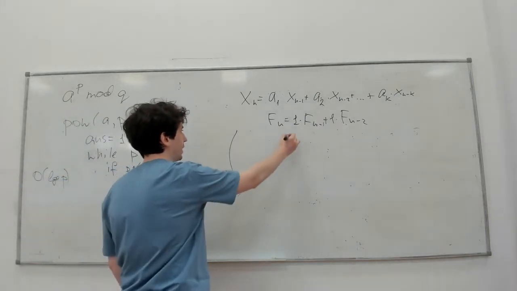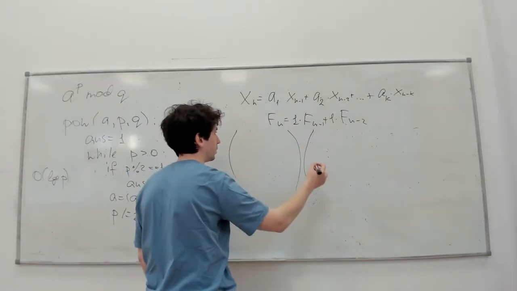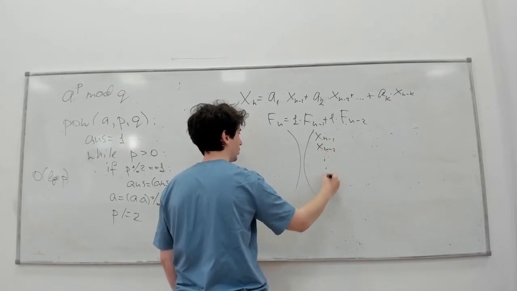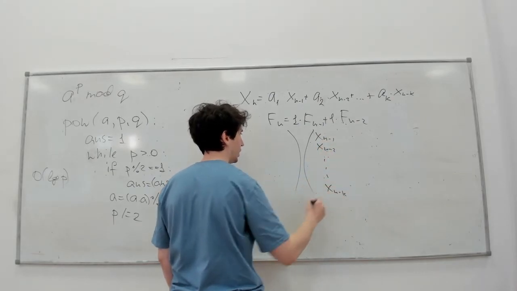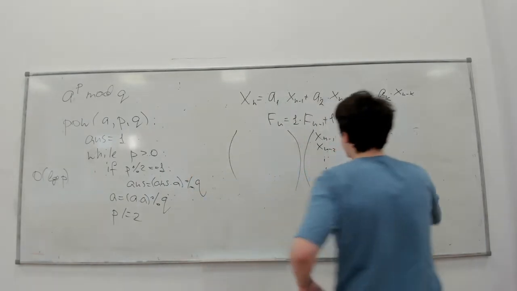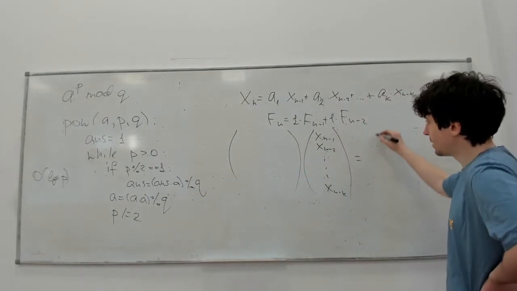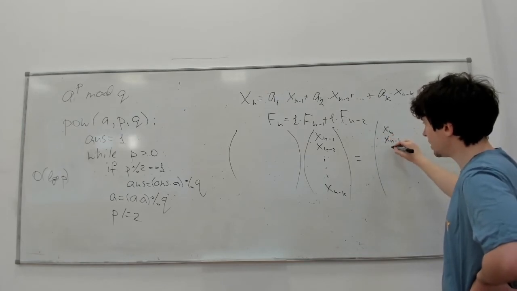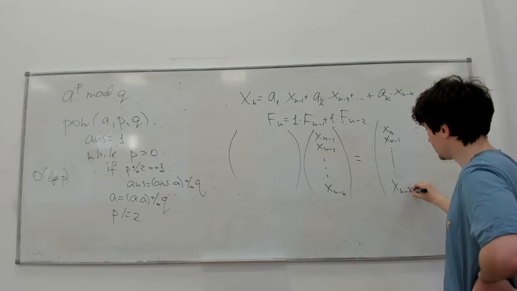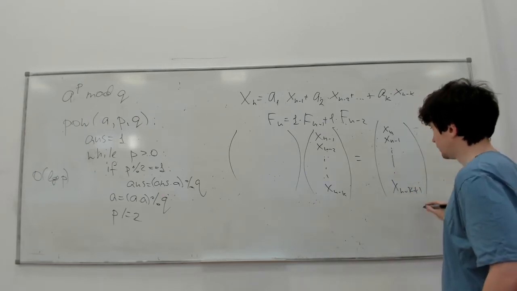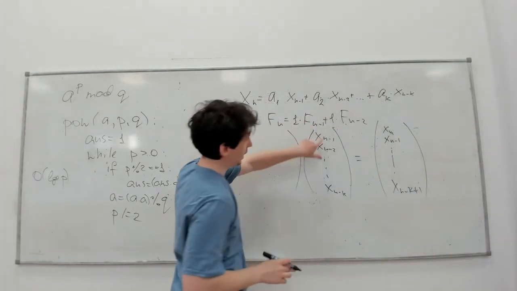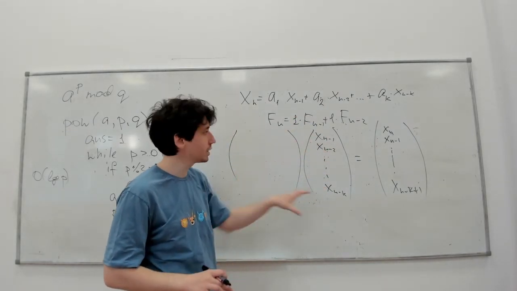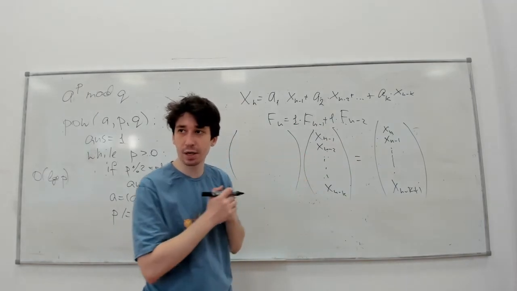So we want to find the matrix. We have here x n minus 1, x n minus 2, up to x n minus k. You want to find a matrix that, multiplying by this, gives x n, x n minus 1, and so on up to x n minus k plus 1. So we make a step by multiplying by the matrix, and we get the next batch of k elements.